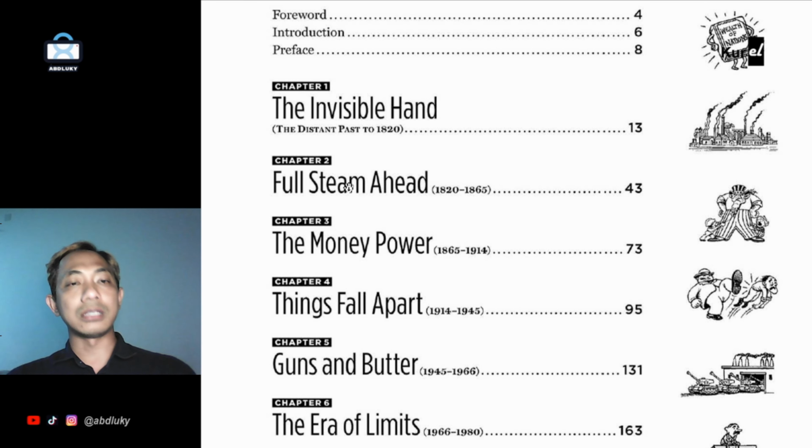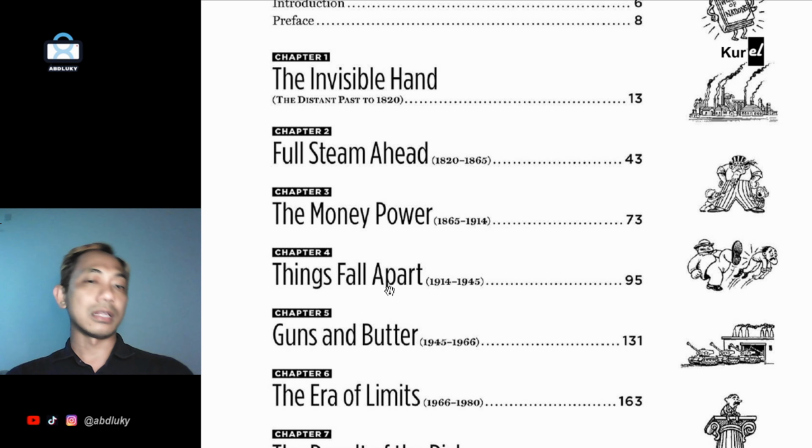In Chapter 2, it will tell us about what happened from 1820 until 1865, which is very related to steam. That's why there are some revolutions and everything around that. And also Money Power, 1865 to 1914, and then Things Fall Apart, 1914 to 1945, and what happened then.